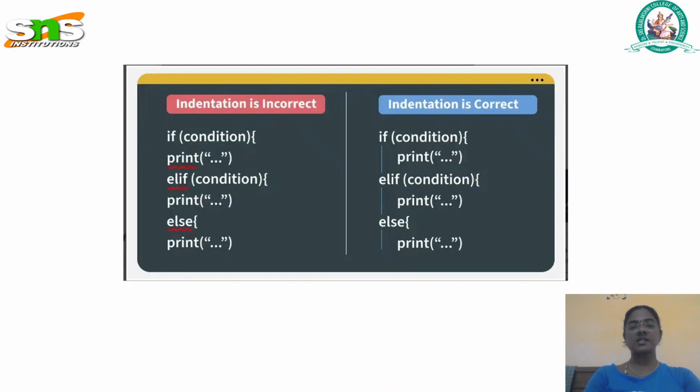How do we give the correct indentation, and how do we identify the wrong one? Let us see the difference. The first one is the incorrect indentation, because after the if condition the print statement has no indent. It starts on the same line for if, else if, else, everything. But in the second part, the if condition's print has the indentation, and the else if condition's print on the next line also has the indentation.